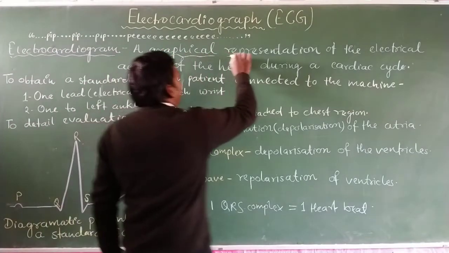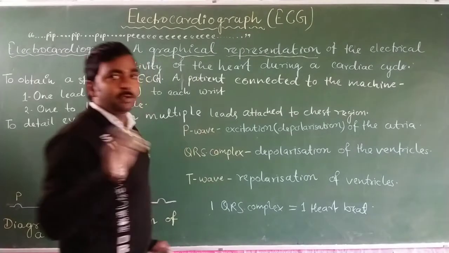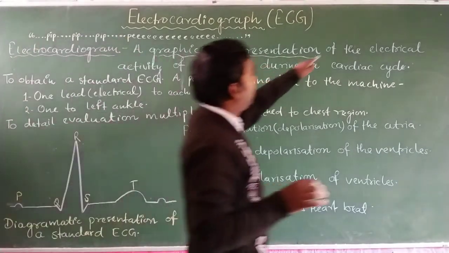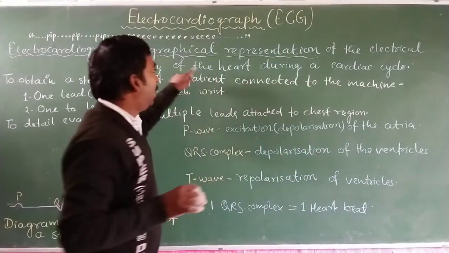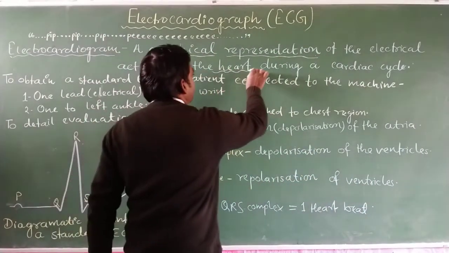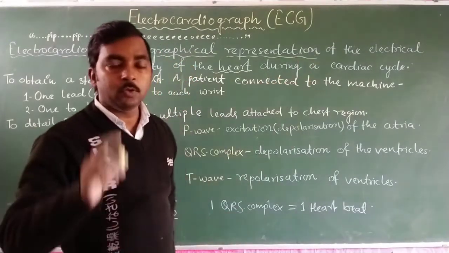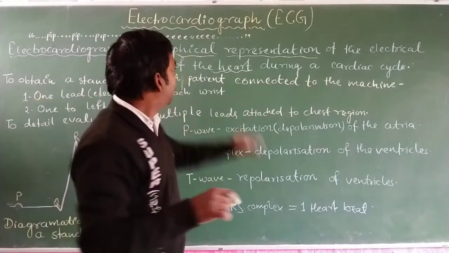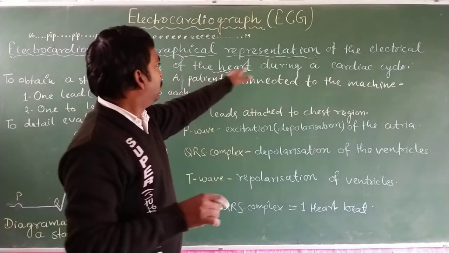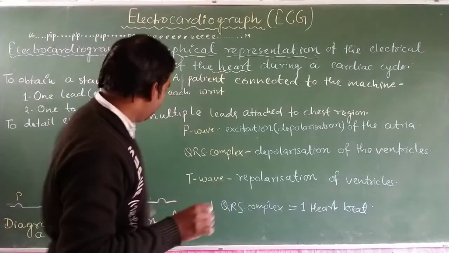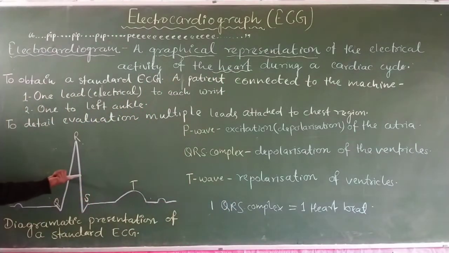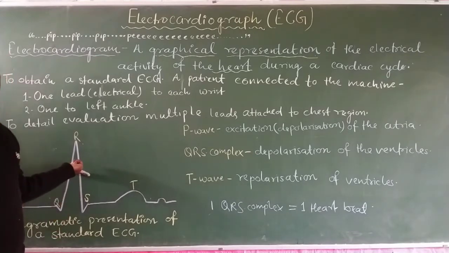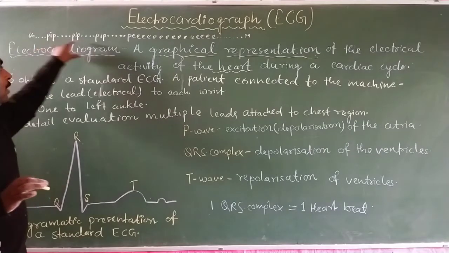The electrocardiograph is the machine that creates a graphical representation of the electrical activity of the heart during a cardiac cycle. In one cardiac cycle, one single unit of this graphical representation of the heart appears as drawn here. This single graphical representation is known as the electrocardiogram.